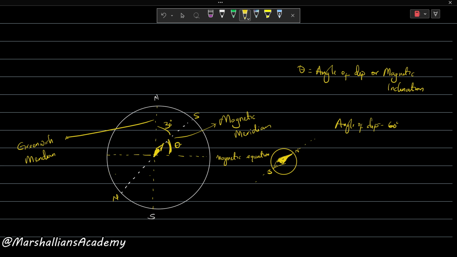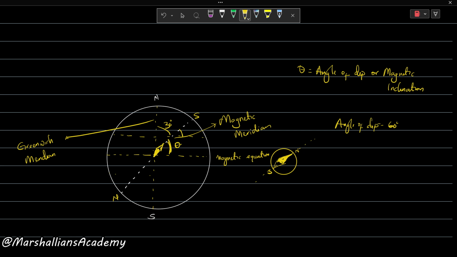Because the angle of dip is the angle of inclination of the magnetic meridian from the magnetic equator, or from the Earth's equator, or from any horizontal plane, because these angles are corresponding, so they will always be the same.